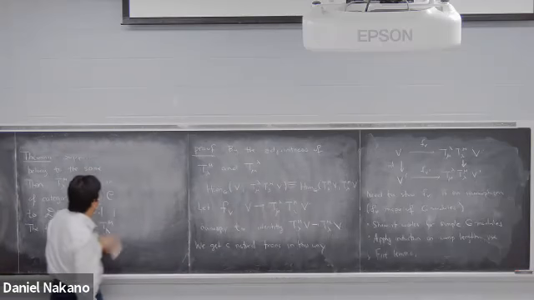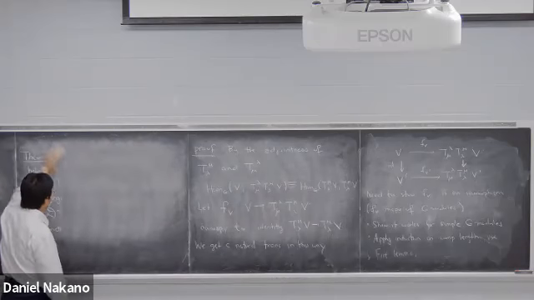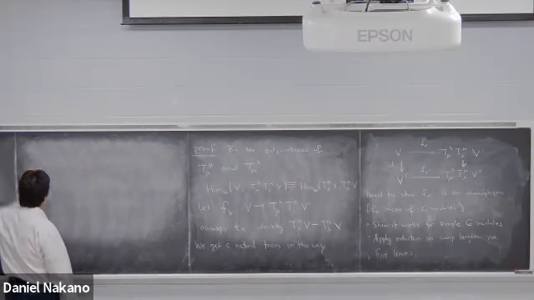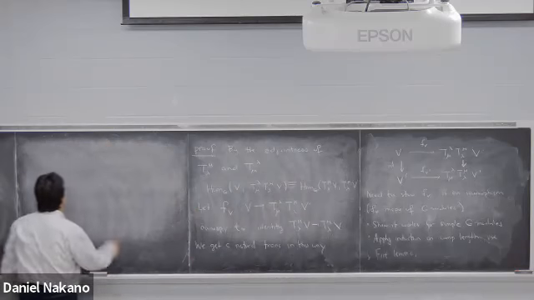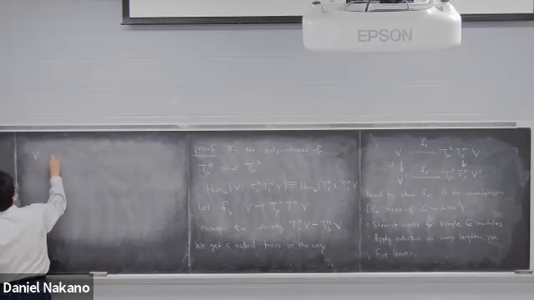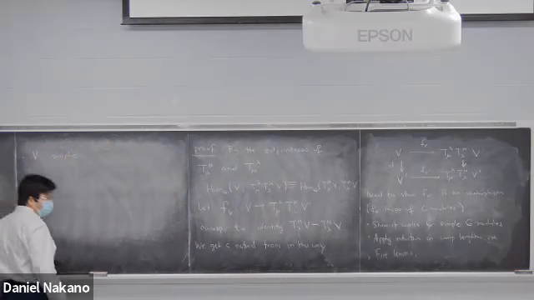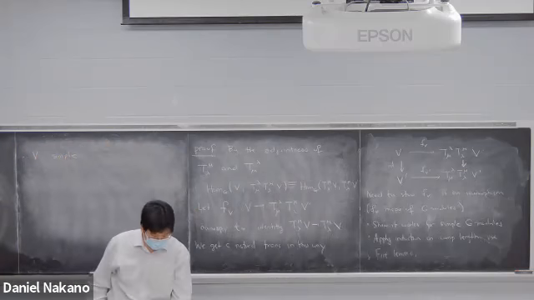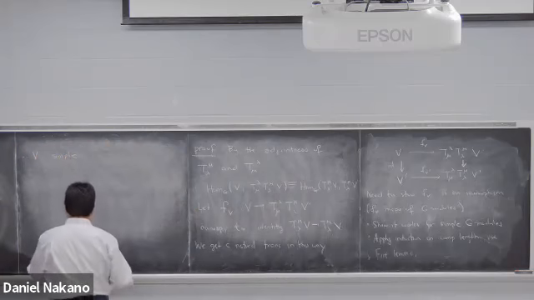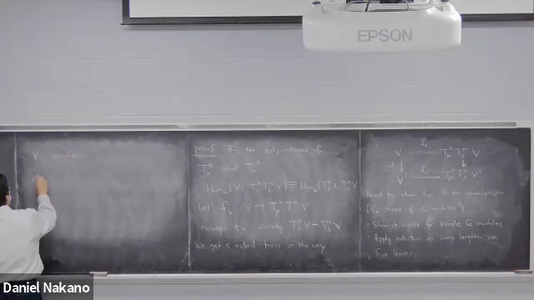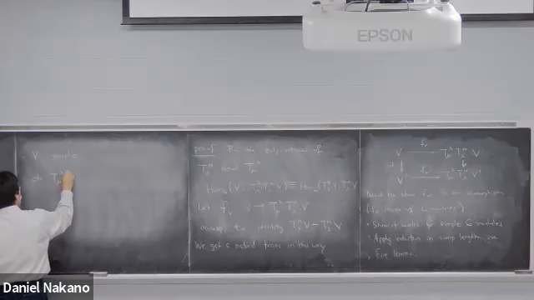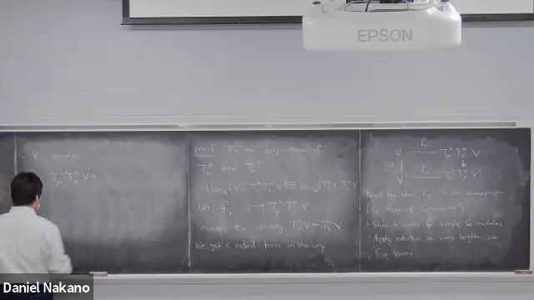Now, we're not going to use anything about the simple modules in particular. We're just going to use the character formula on the translated modules. Let's say V is simple. So now, what is the character? Let's look at the character of E lambda mu of V. Now I'm going to use the formula.